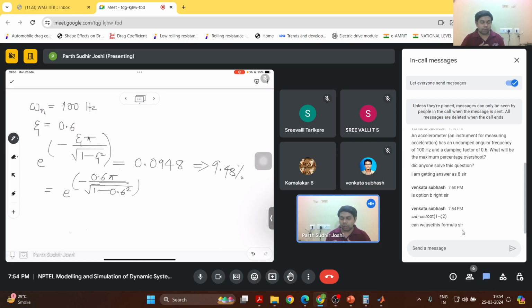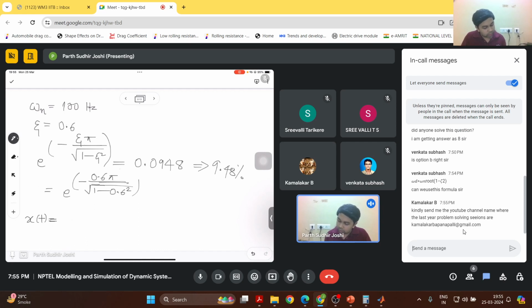Using this formula you can write down the expression for the response, like let us say x of t, where omega d is omega n into root of 1 minus zeta square.